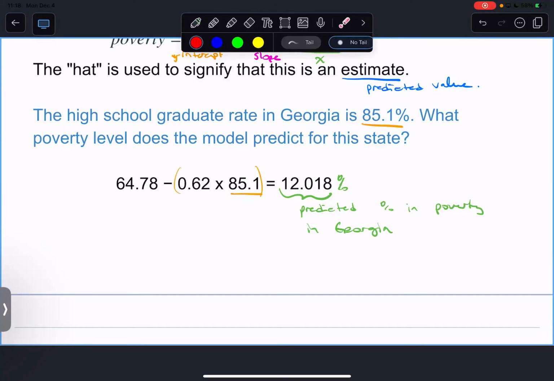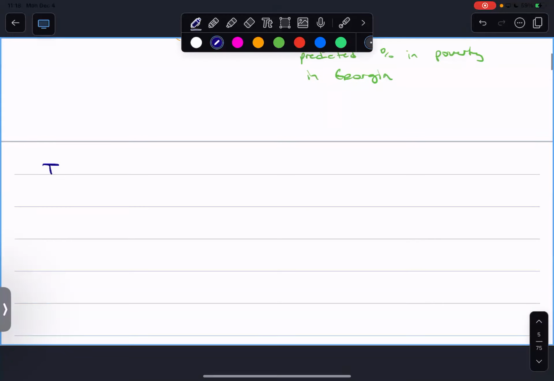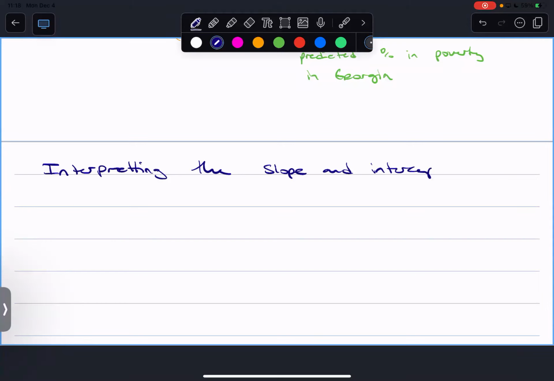But before we get to the residuals, I want to talk about interpreting the slope and intercept of a least squares regression line.